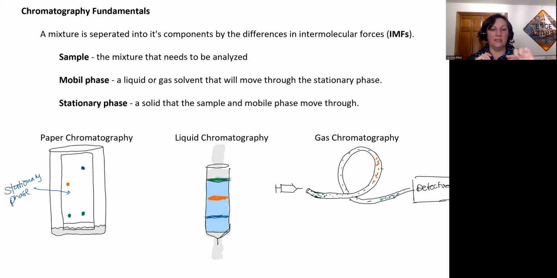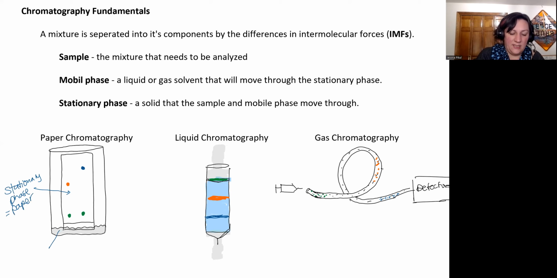And so there's a fine layer of silica gel deposited onto it. And so the stationary phase is the silica gel. So there's a couple of different things that this could be. And so that gives you a lot of flexibility depending on what it is you're trying to separate. So our stationary phase is the paper.